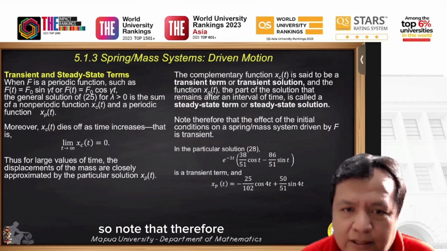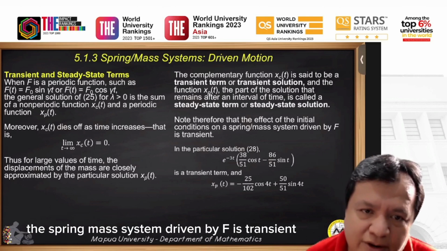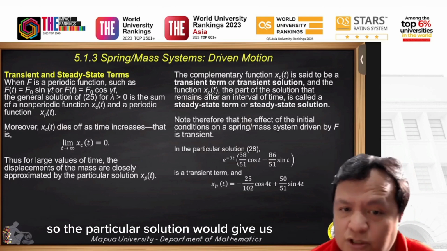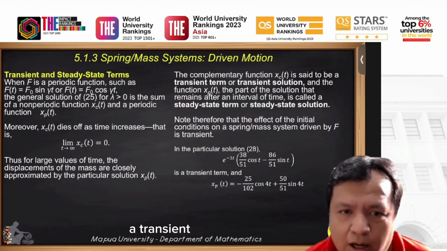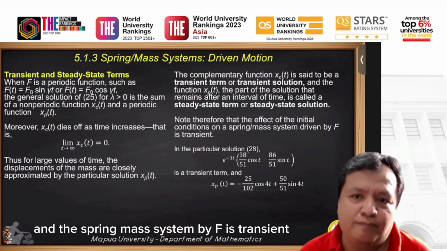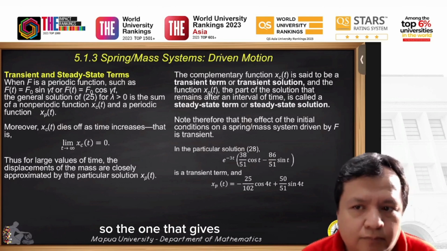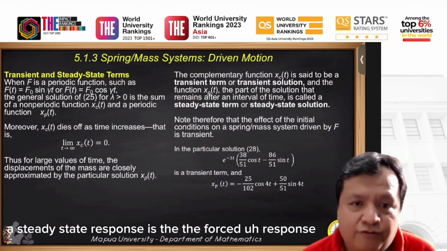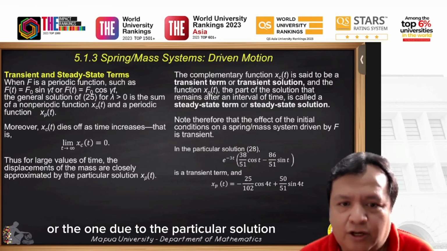So note, therefore, that the effect of the initial conditions on the spring mass system driven by F is transient. The one that gives a steady state response is the forced response, or the one due to the particular solution.